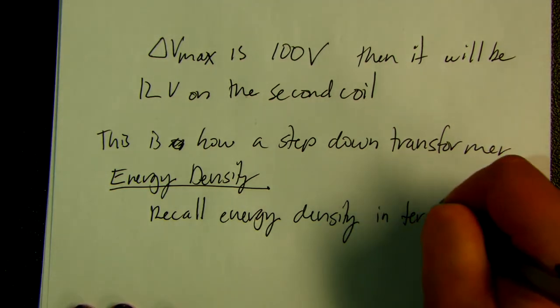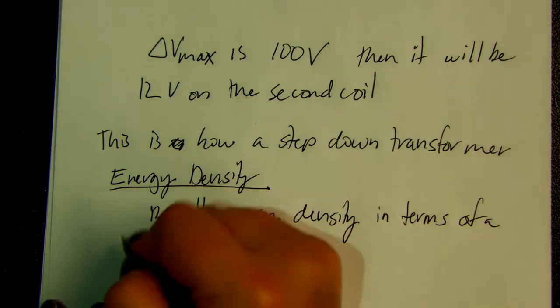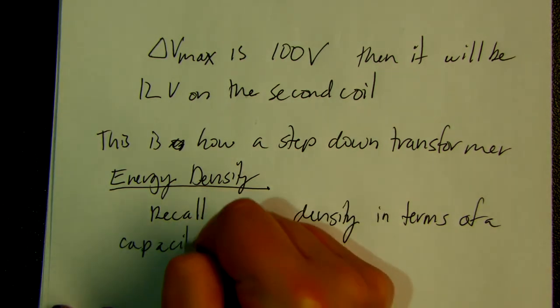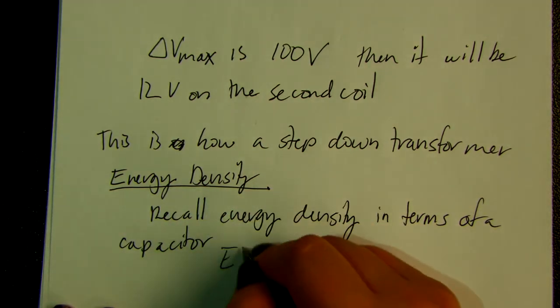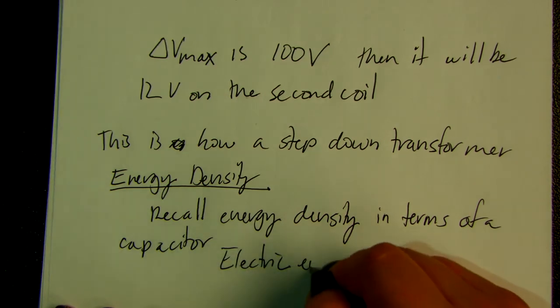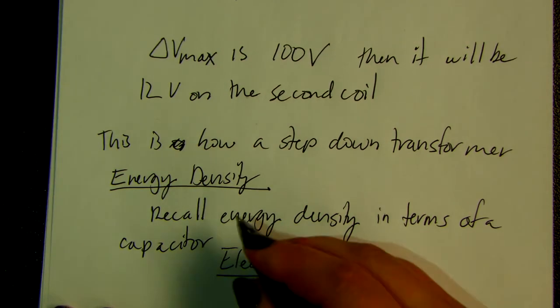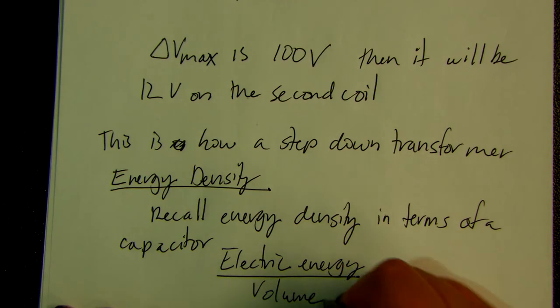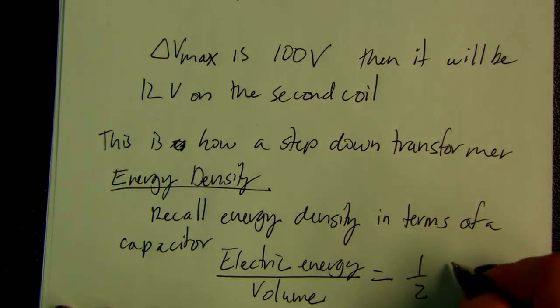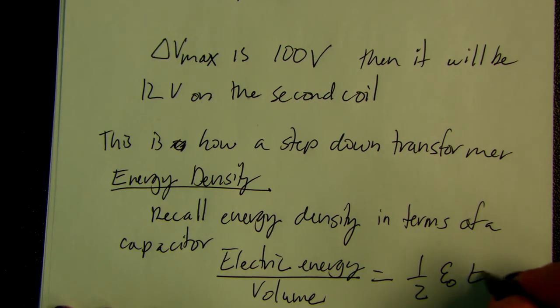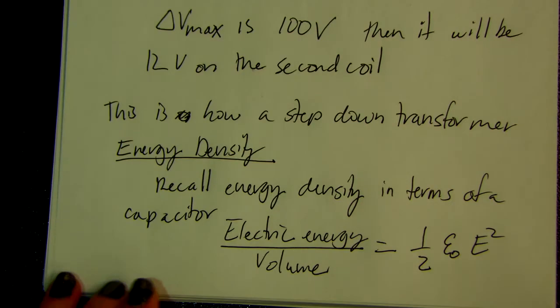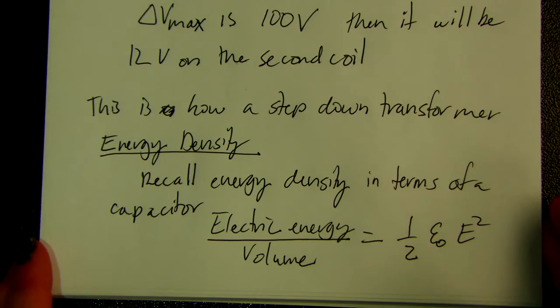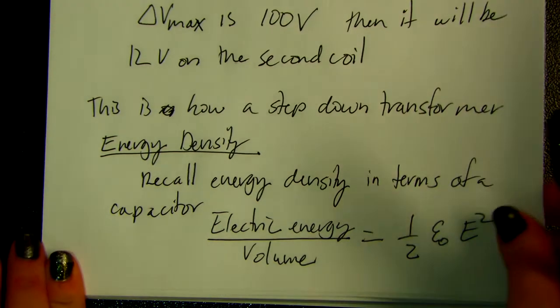In terms of a capacitor, you have electric energy divided by volume equals 1/2 epsilon naught E squared. So we have seen this before. We've done a little bit with it, but not much. Now, that's the energy density associated with an electric field.